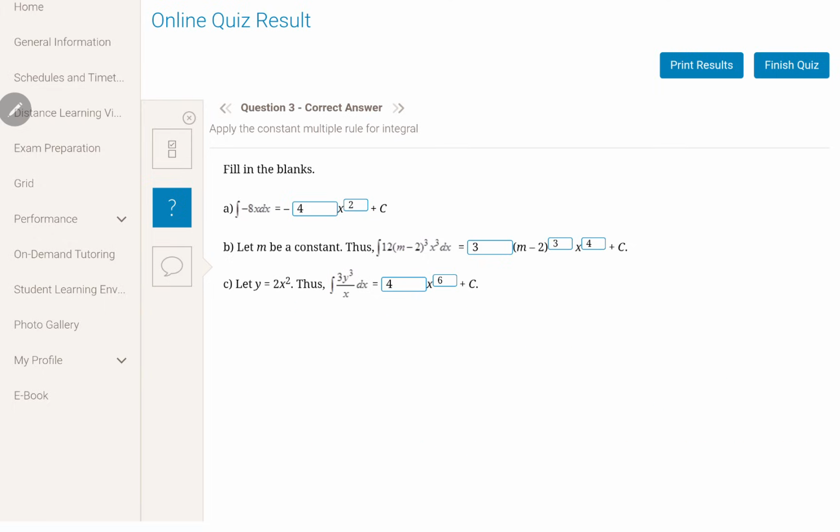Okay. Now, let y equal x squared. Thus, the integral of 3y cubed over x dx is what? Okay, so first of all, substitute this directly in there. So, 3 into x squared all cubed over x dx.